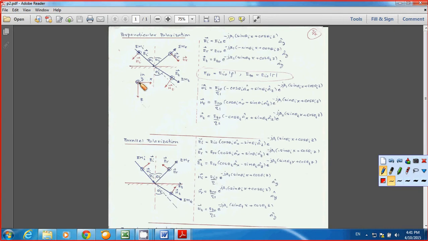It goes into the paper. So you can use your right hand rule to find the direction of propagation, P, which is the direction of the electromagnetic wave, equal to E cross H. Hopefully you have not forgotten that one. This is very important. So that's why for the electric field the components are all AY, and still in the positive AY because you have no negative at all here.